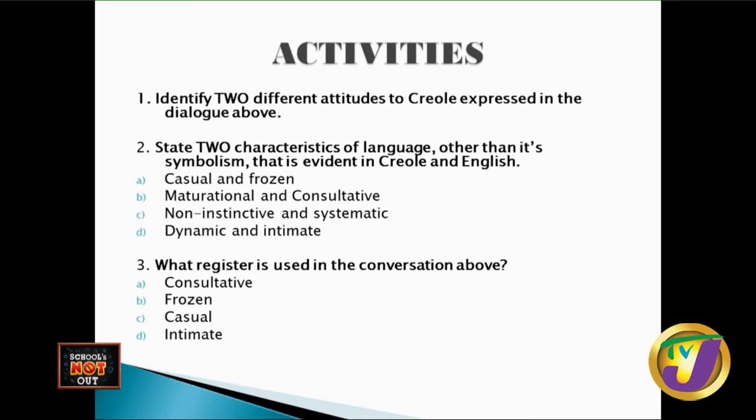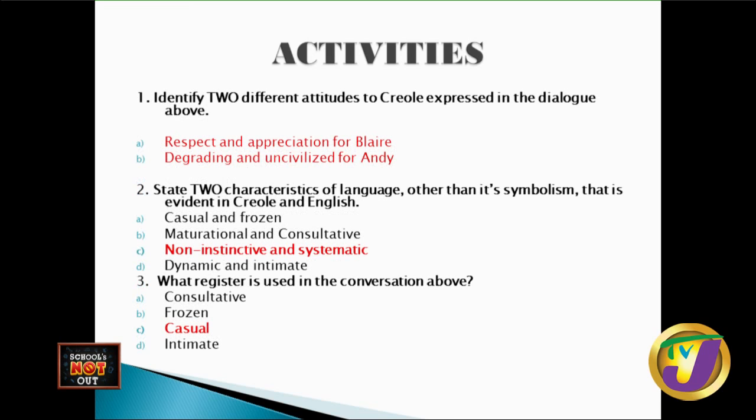So we are left with B and D. So what are the 2 characteristics of language that we are seeing there? It is non-instinctive and that it is systematic. Because this one, intimate, consultative, and frozen, these are registers. So you should have eliminated those.